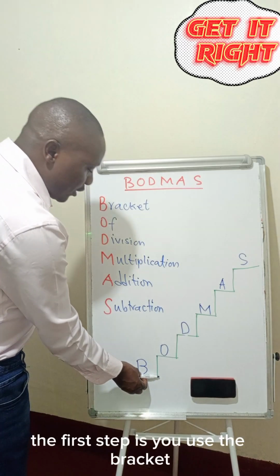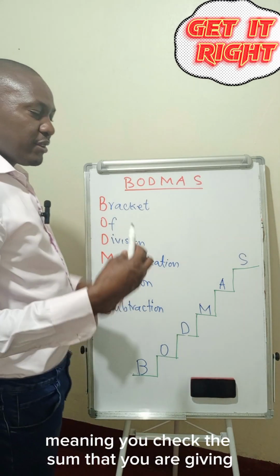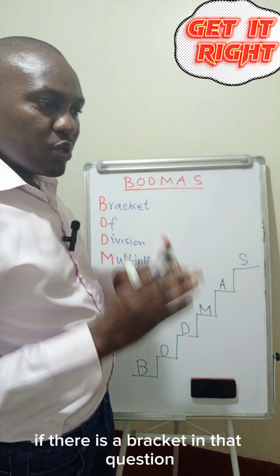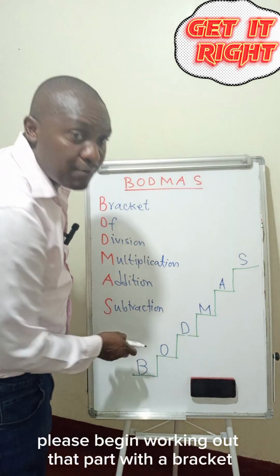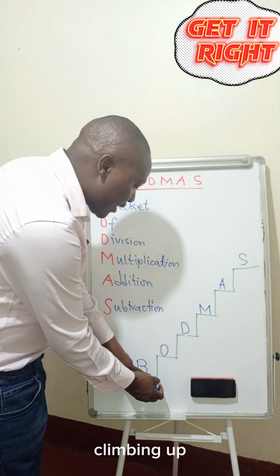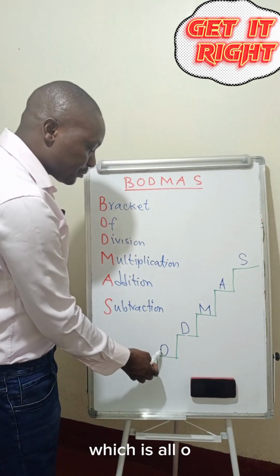The first step is the bracket, meaning you check the sum that you are given. If there is a bracket in that question, please begin working out that part with a bracket. Now, from this step, climbing up, go to the next step, which is of.